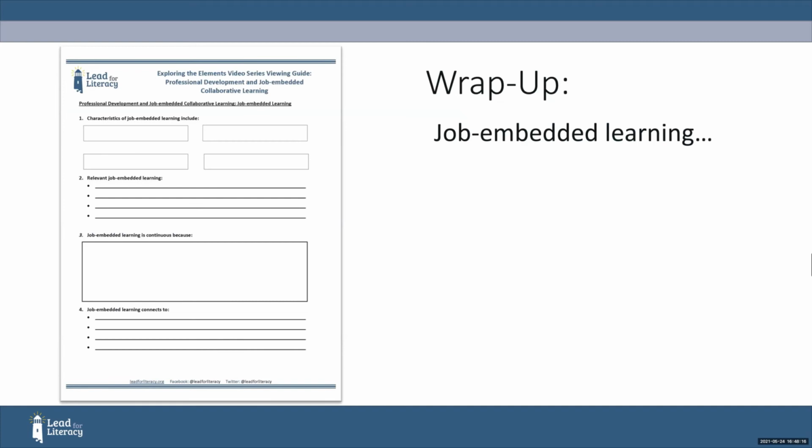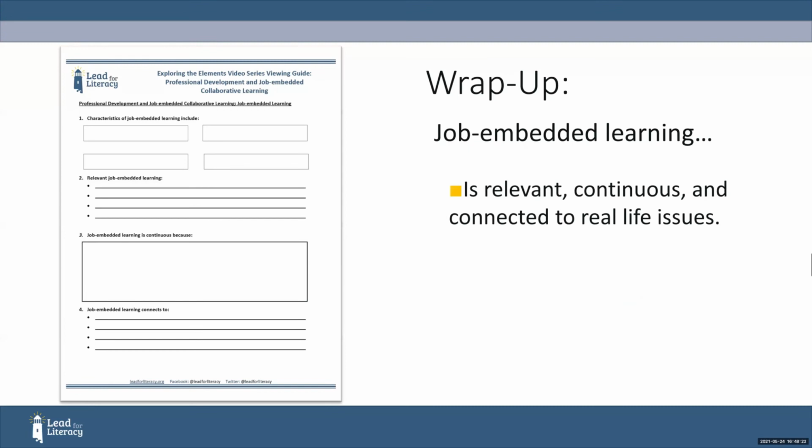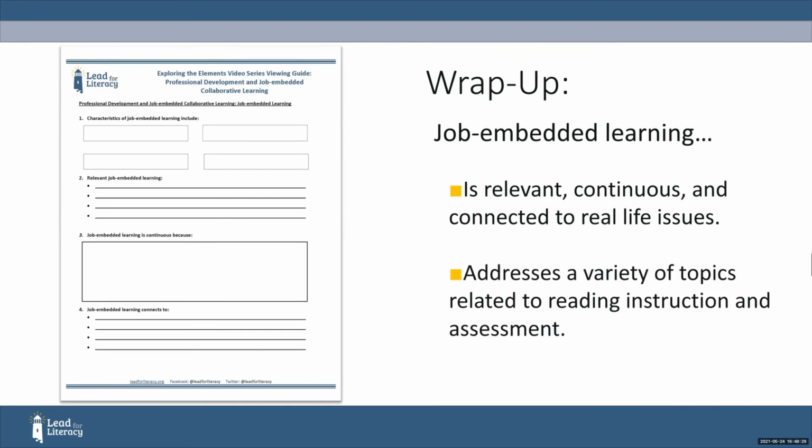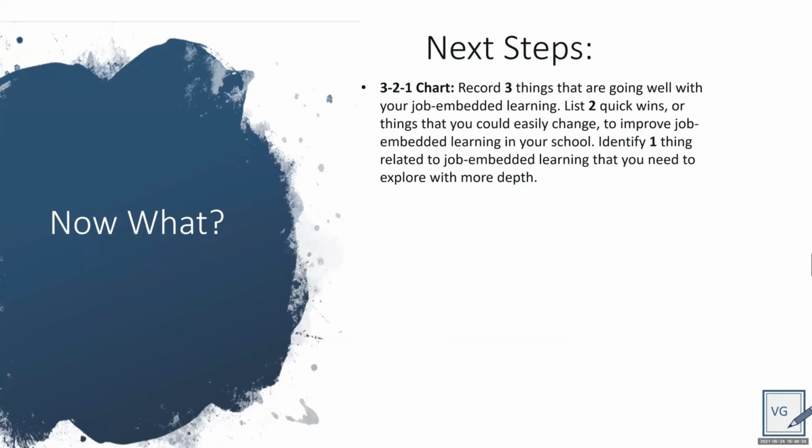This module focused on the characteristics of job-embedded learning, which must be relevant, continuous, and connected to real-life issues. Job-embedded learning must also address a variety of topics linked to reading instruction and assessment opportunities. Take a few moments to reflect on past job-embedded learning opportunities offered to teachers.